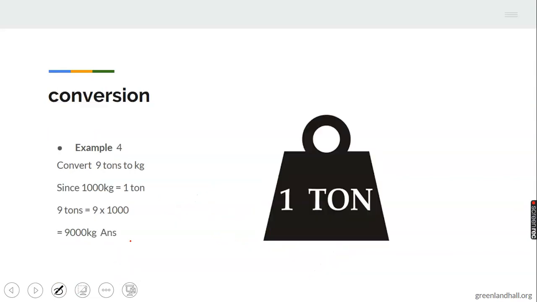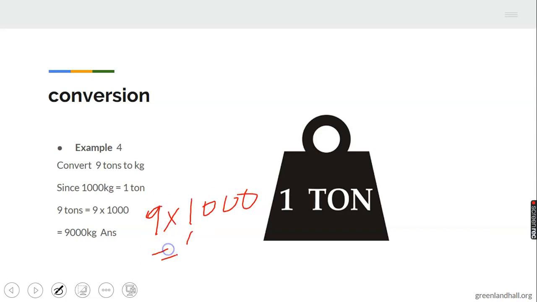Now, let's go to another conversion in tons. 1 ton is bigger than kilogram, so we are still going to be multiplying. Now, we want to convert 9 tons to kilogram. Since 1000 kilogram is 1 ton, you now say 9 tons equals 9 times 1000.